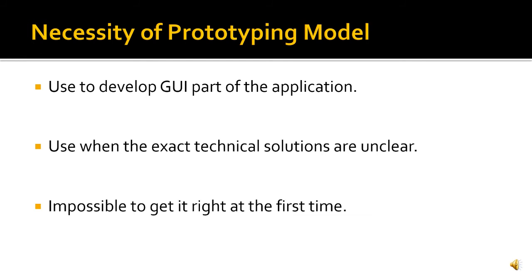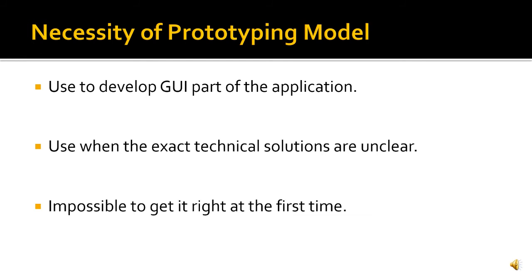Thirdly, an important reason for developing a prototype is that it is impossible to get it right the first time. One must plan to throw away the software in order to develop a good software later. So the prototyping model can be used when development of highly optimized and efficient software is required.